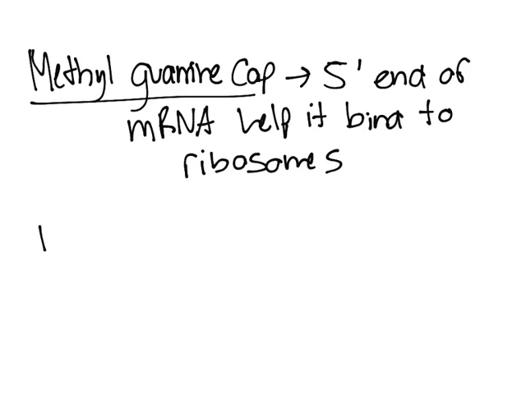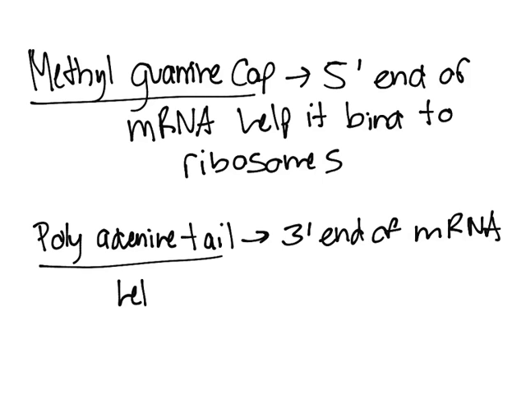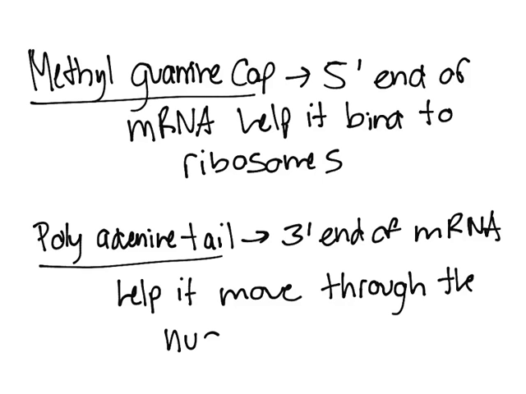And then a polyadenine tail is added to the 3' end of mRNA in order to help it move through the nuclear pores. Through the nuclear pores essentially means it helps it get out of the nucleus and into the cytoplasm.